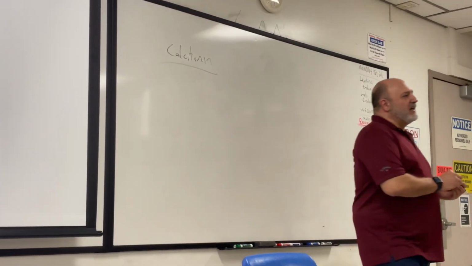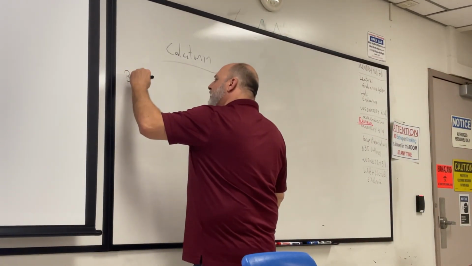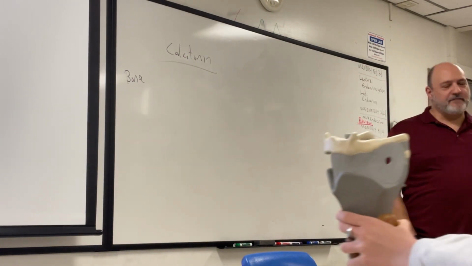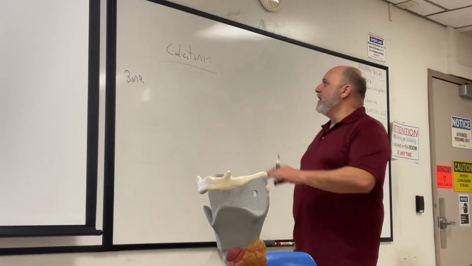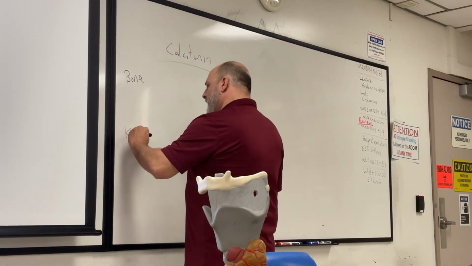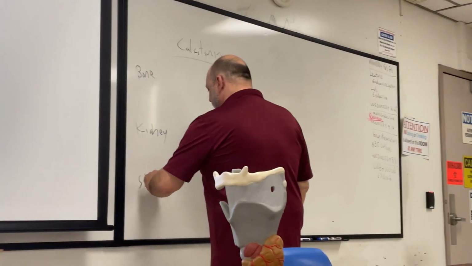Calcitonin basically has three targets. It targets the bones. Wait, we're doing parathyroid. Yep, we're going back. Okay. Because I had the confusion before, I want to make sure this is clear. Calcitonin has three targets: bone, kidney, and essentially skin.